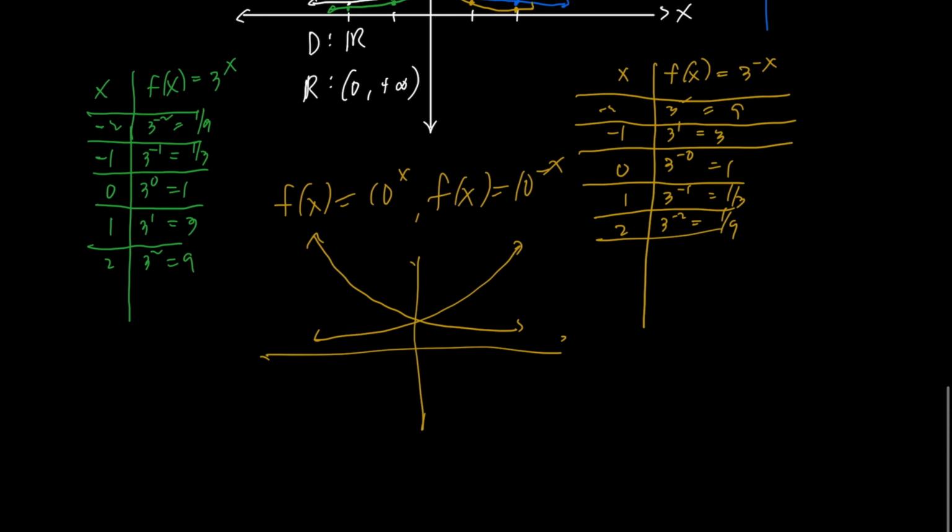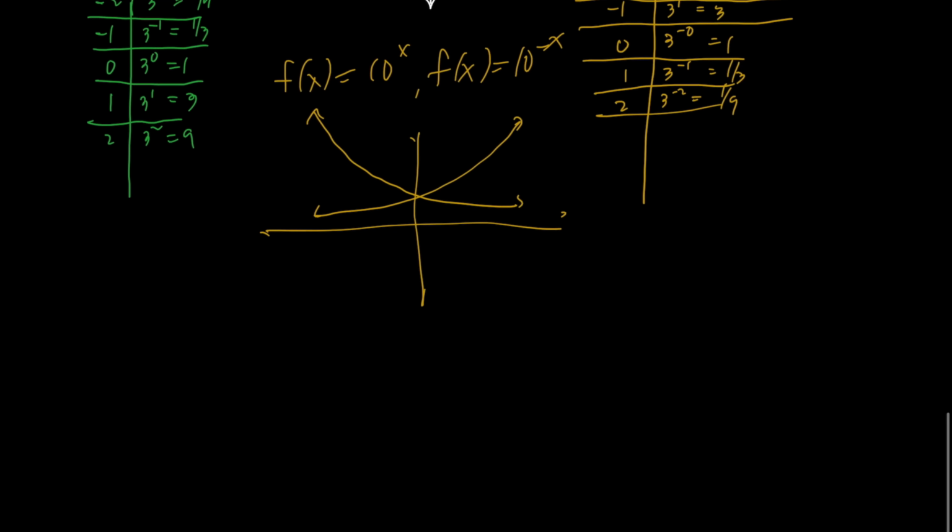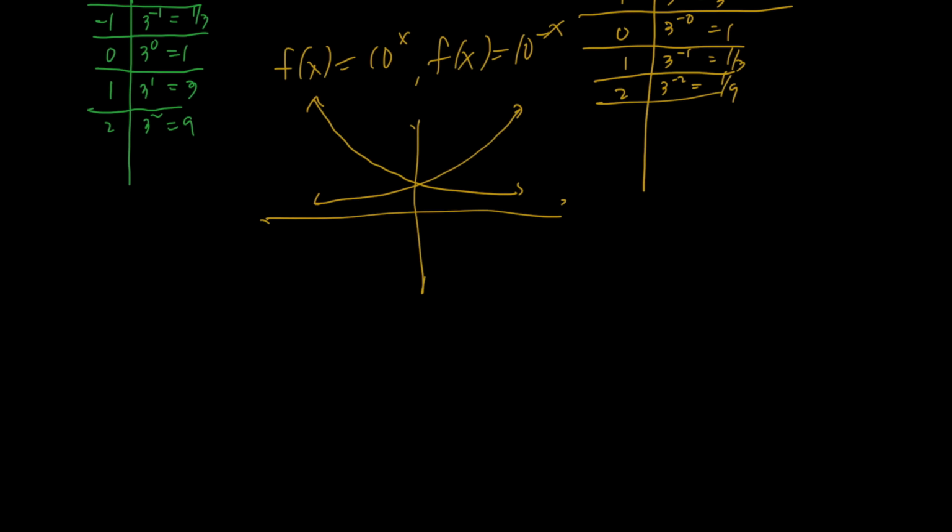Okay, so the range is from 0 to positive infinity, but 0 is not included. So what can we observe about the graph of these functions? Let's call it properties, basic properties.